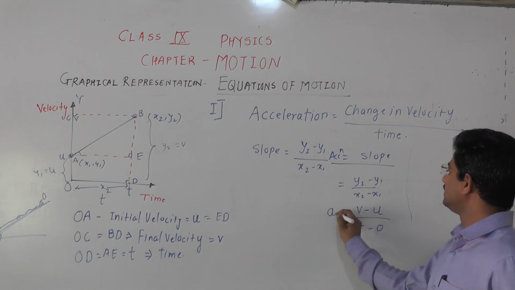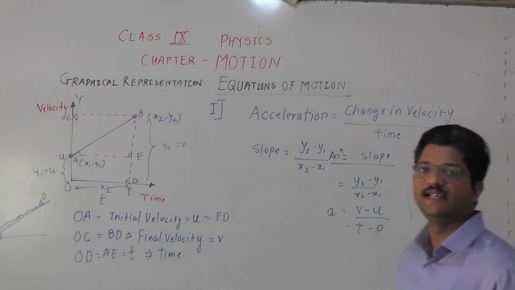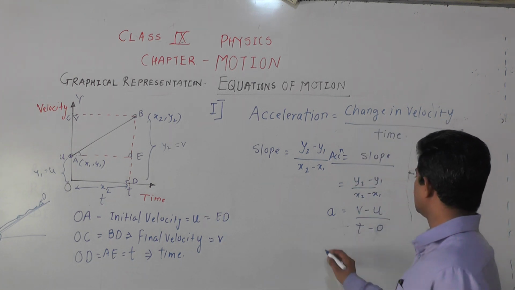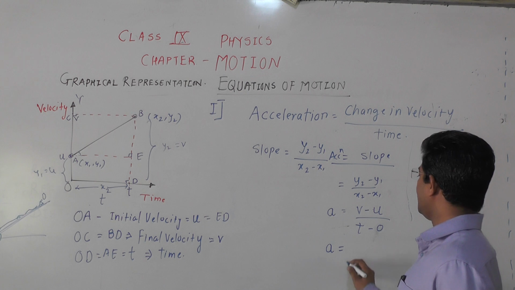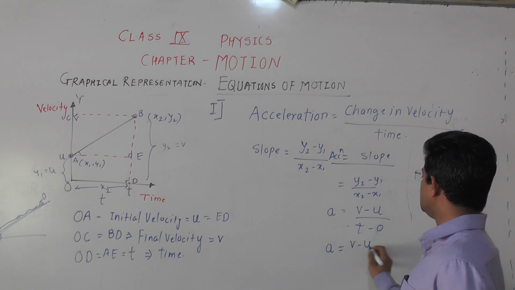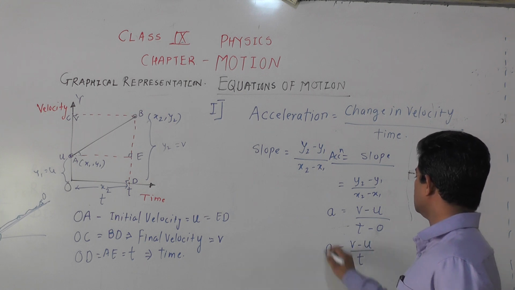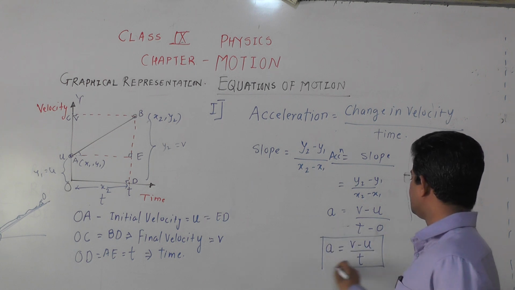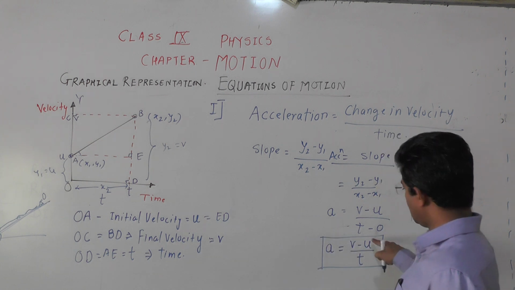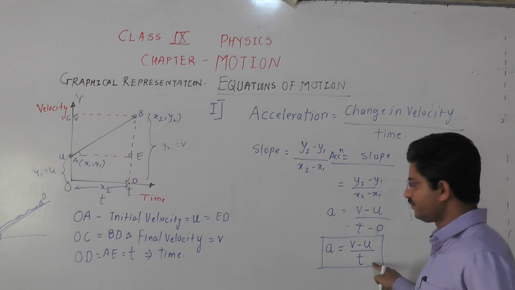So here acceleration, represented by small letter a, is a is equal to v minus u upon t. This is actually the definition of acceleration, change in velocity upon time.